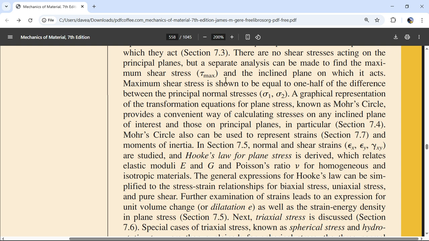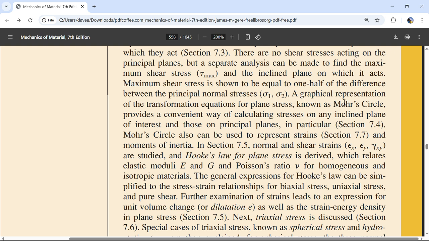And it's good to get a feel for this before we look at the equations, because with the equations, sometimes it's hard to pick apart different scenarios. A graphical representation of the transformation equations for plane stress, known as Mohr's circle, provides a convenient way of calculating stress on an inclined plane of interest and those on principal planes.